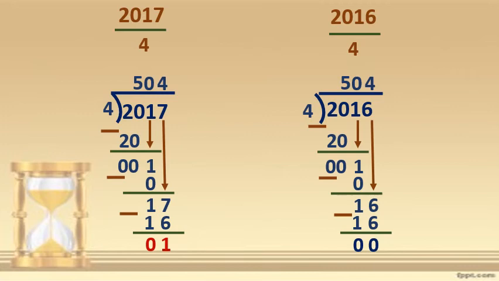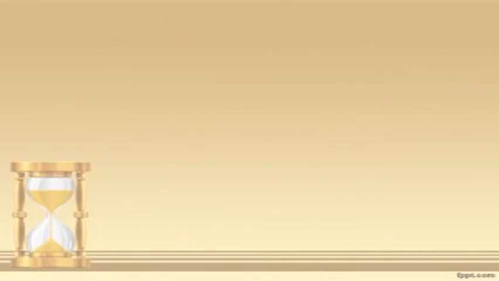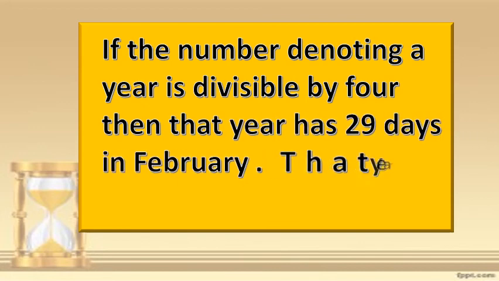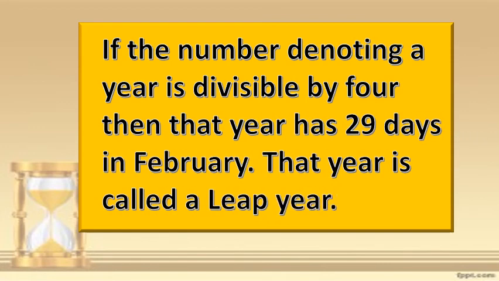Isn't it? Means what we can write here? We can write, if the number denoting a year is divisible by 4, then that year has 29 days in February. That is called a leap year.